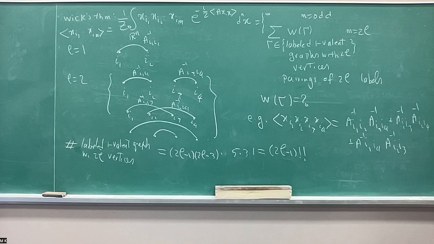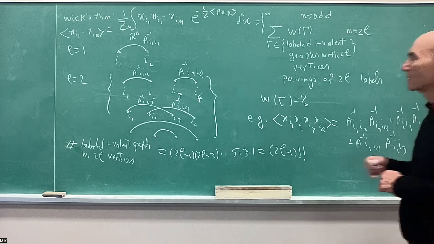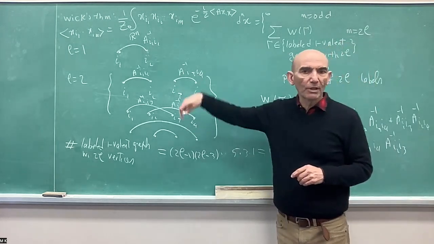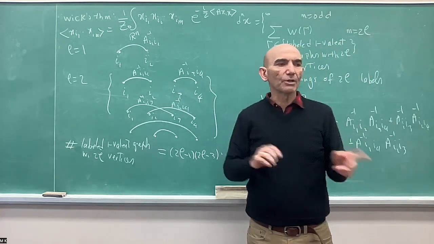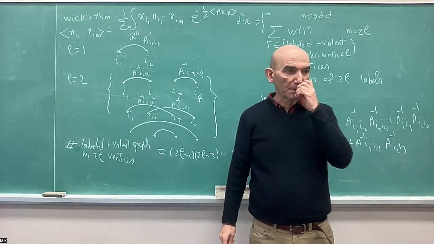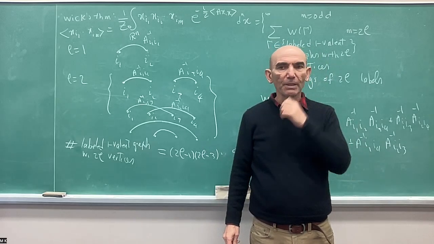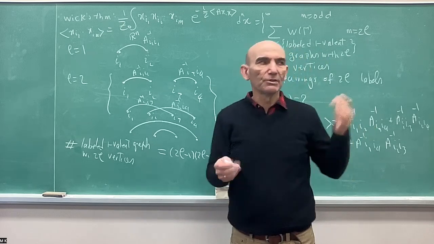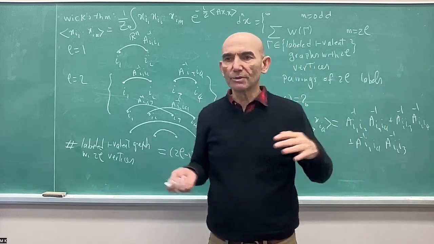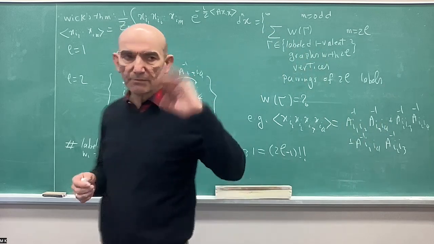This is called Wick ordering. It's actually normal ordering: it tells you how you can write things in normal ordering using Wick. It's a bit more complicated in that case, and it doesn't look like this at all for the A n and A n star creation and annihilation operators. But there's a Wick theorem there, which is equally well used, and that's in the video that I made.